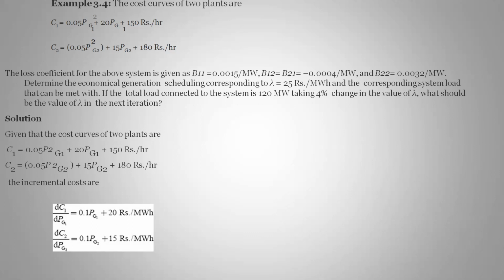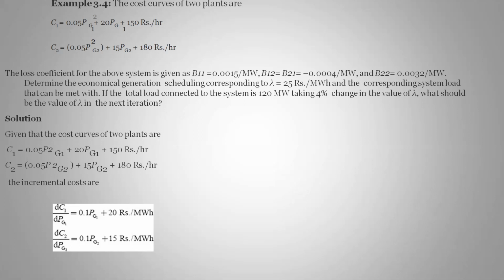The loss coefficients for the above system are given: B11 is equal to 0.0015 per megawatt, and B12 is equal to B21 is equal to minus 0.0004 per megawatt, and B22 equal to 0.0032 per megawatt.